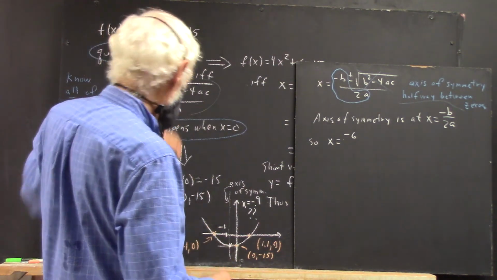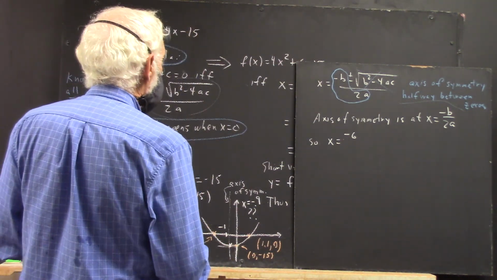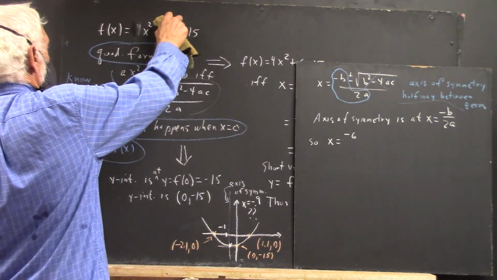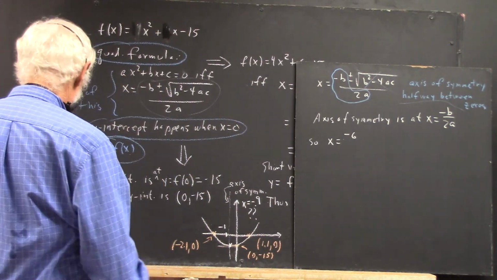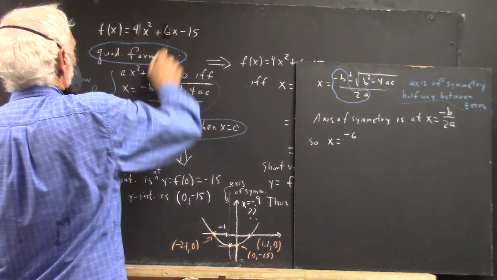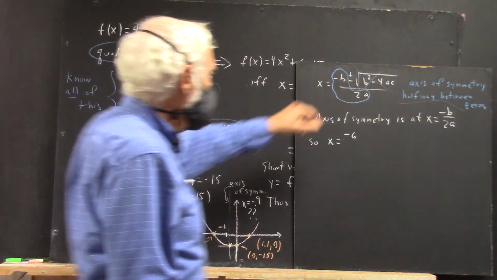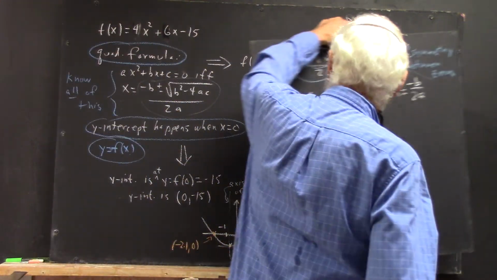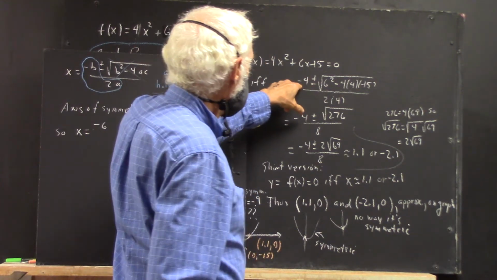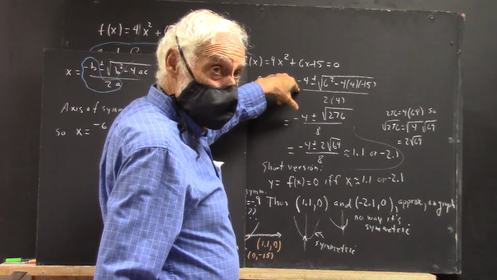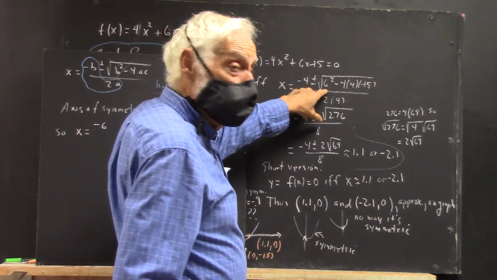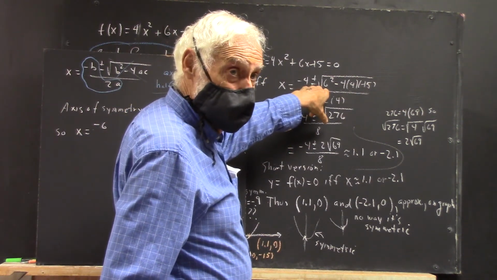Well, I'm still going to go back to what I had, since I was kind of committed to it. Okay, you see where that messes me up, because I used the 4 here. That should be negative b. That should be negative 6. And this should be 4 squared.